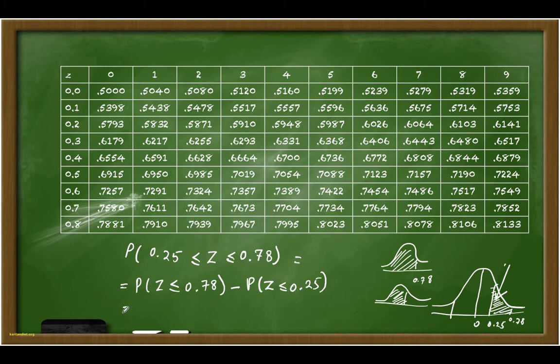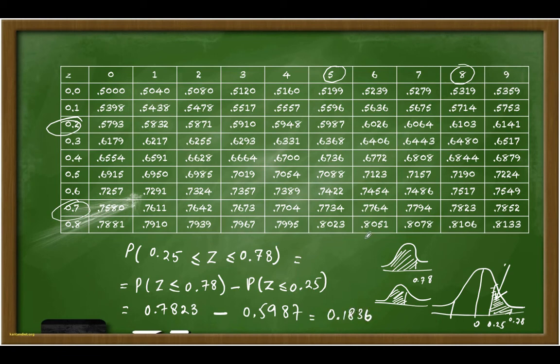So using the z table, 0.7 and 8 at the top, you see the intersection is 0.7823, minus the probability that z is less than 0.25, so 0.2 and 5 on the top, it's 0.5987. So when you subtract these two values, you get 0.1836.